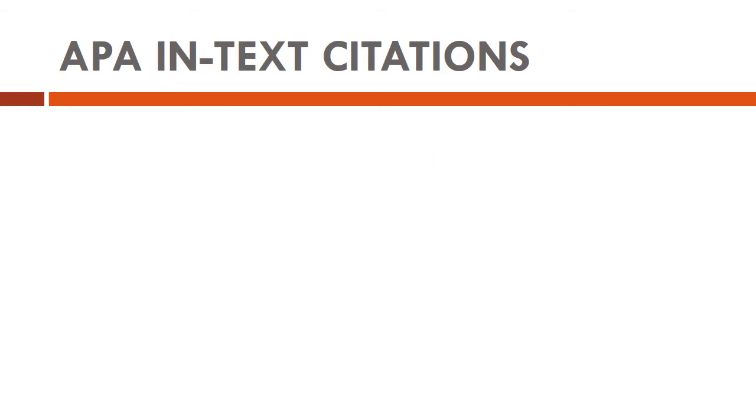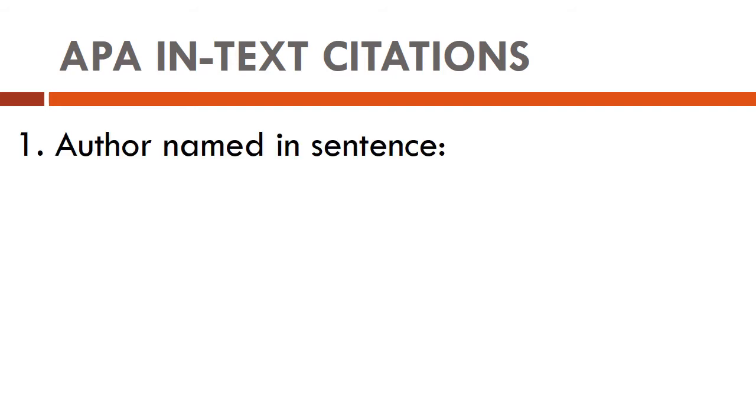When using APA, there are 2 ways to properly include an in-text citation. Remember, it is not only necessary to include an in-text citation, but you must also always do it properly. The first way is when you name the author directly in your sentence.